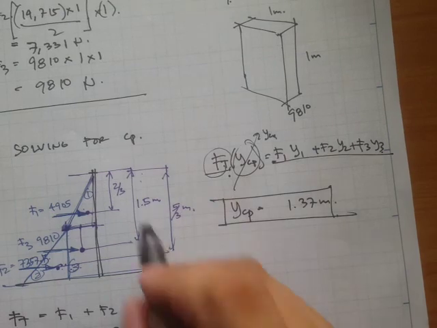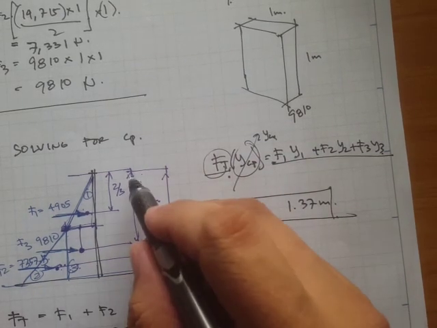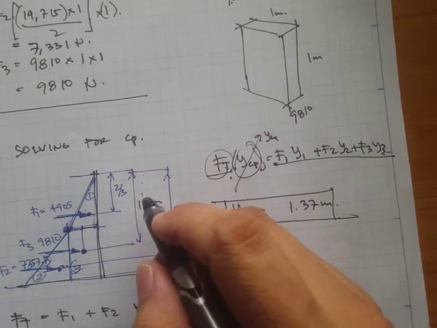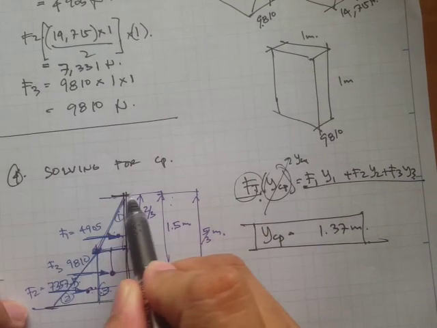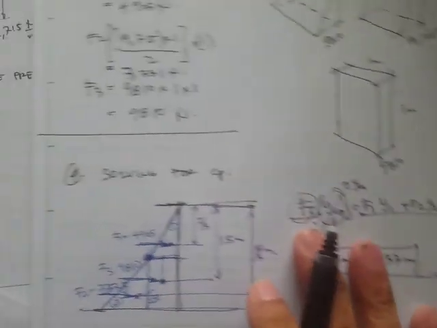Okay, so since this is our reference, the location of the resultant force would be 1.37 from the reference point. Just a review of what we did in this problem number 4.